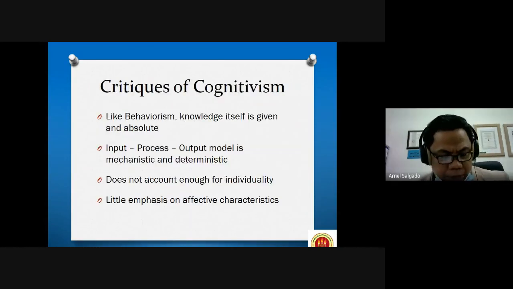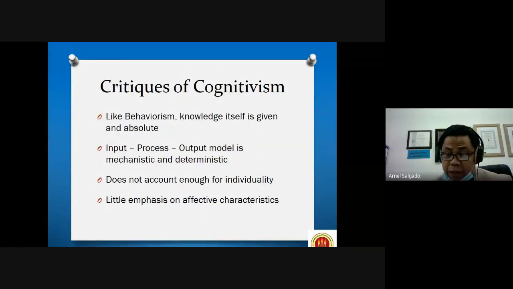Now, of course, cognitivism is not perfect. Cognitivism arises just because of behaviorism. Remember that? So cognitivism may not be perfect all the time because, like behaviorism, knowledge itself is given and absolute in that way. So the teacher, although he actually has in mind already the possible answers, would still let the students think and then compare with the answers that he is holding.